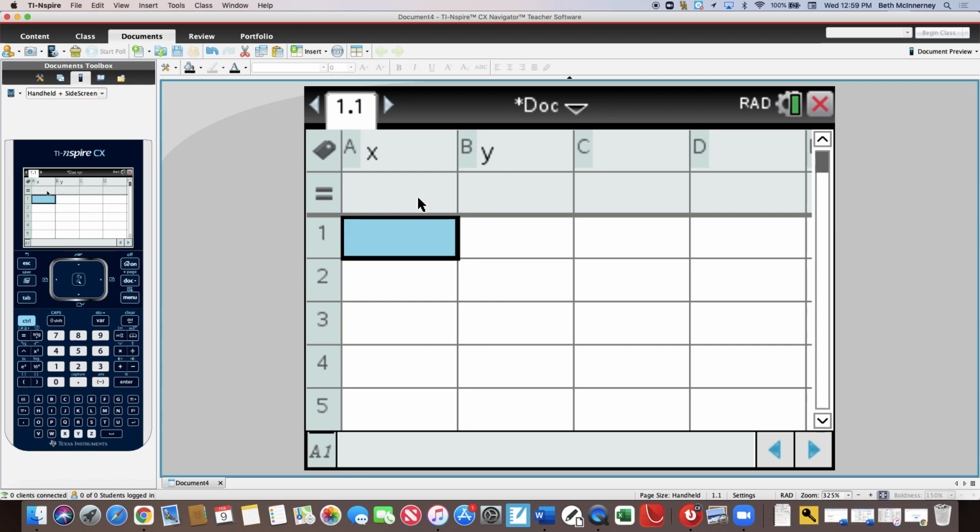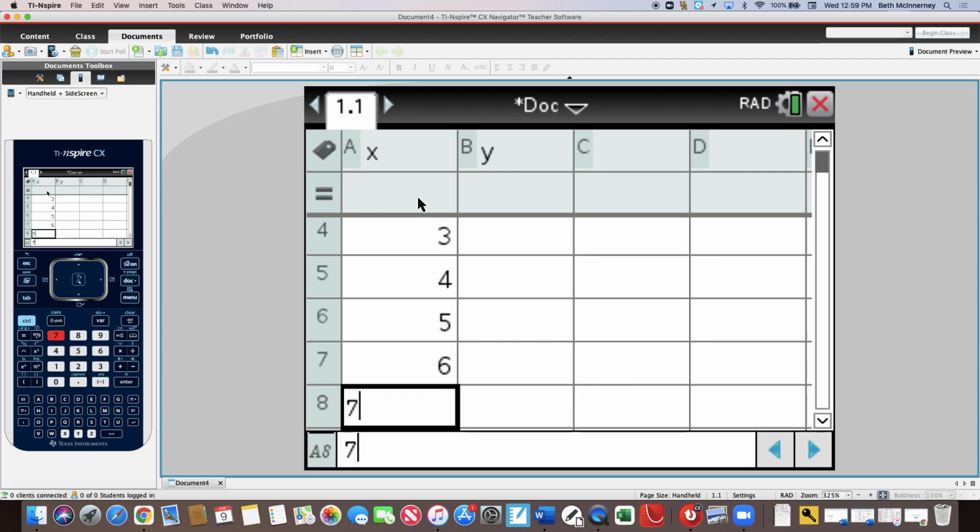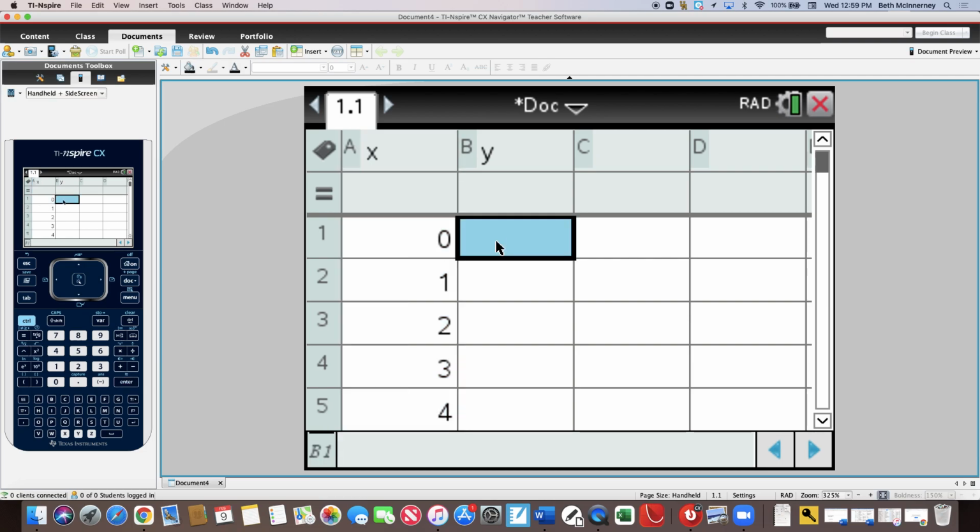And if I lose you on the TI Nspires, that's where you go to the instruction sheet. And what we're going to do is enter your data. So I'm going to put 0, 1, 2, 3, 4, 5, 6, 7, 8.